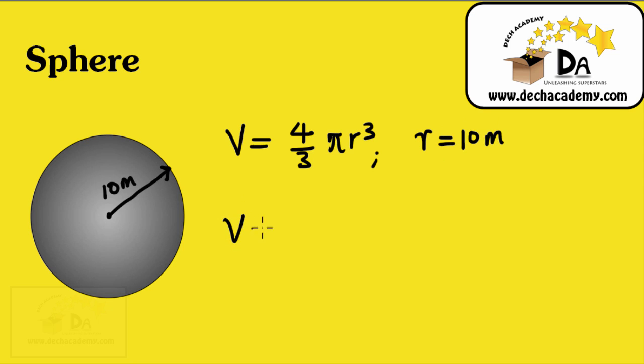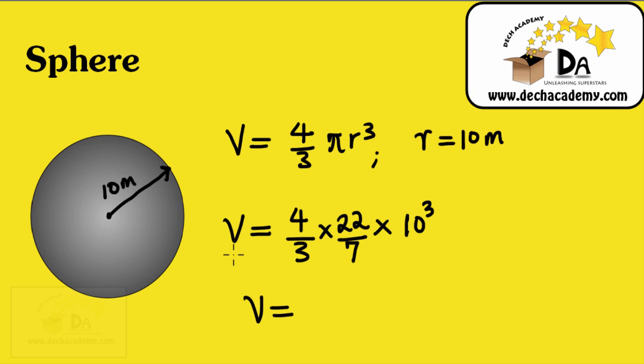So the volume of our sphere is equal to 4 divided by 3 times, well, pi, which we're approximating as 22/7, times r cubed, which is 10 cubed. And this can be simplified using a calculator to obtain approximately 4190 meters cubed.